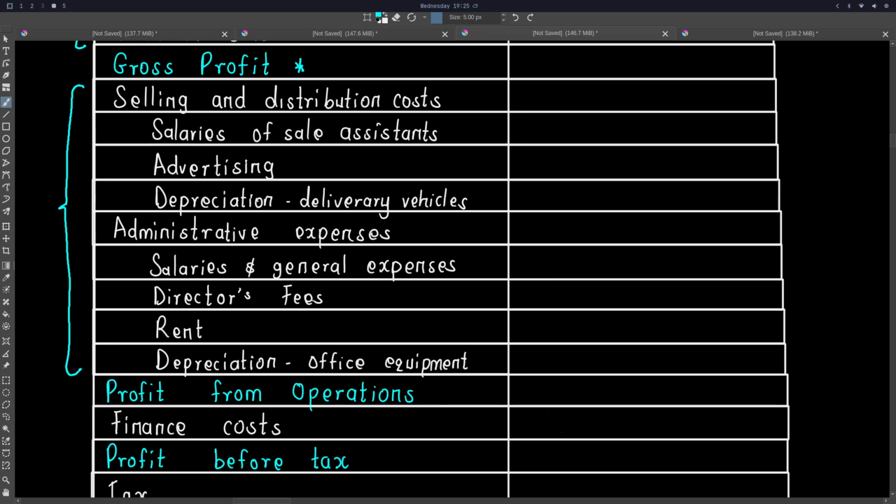So these expenses, we classify them into two: selling and distribution costs and administrative expenses. Selling and distribution costs are the costs that are incurred to support the selling and distribution of what we are selling. Basically, if the company buys and sells caps, selling and distribution costs will be the costs that we incur in facilitating the selling of these caps and distributing them, okay?